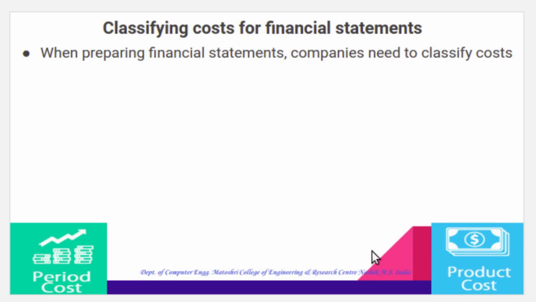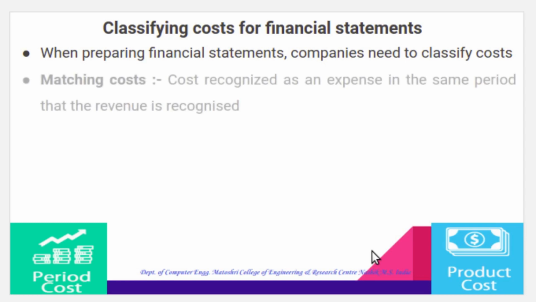The first one is matching cost. The cost incurred is matched to the particular revenue that is generated because of it. Thus, this cost should be recognized as an expense in the same period that the revenue is recognized. The matching cost concept is used for analyzing the cash flow of the project.